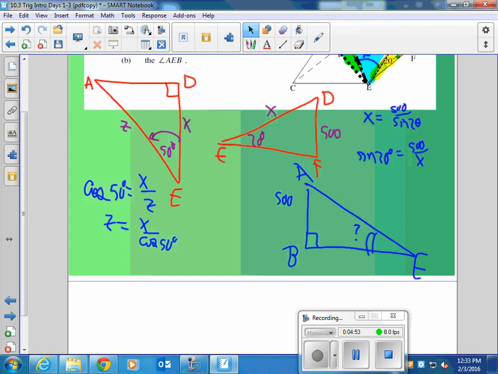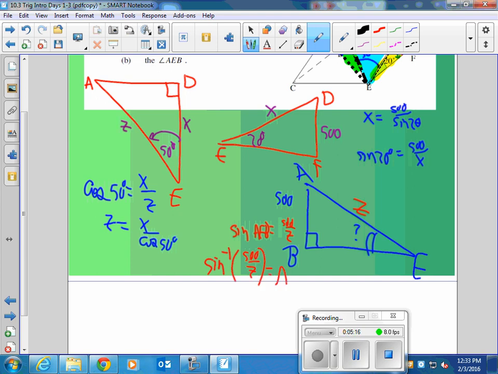AE is my answer from the first part, Z. So if you took the sine of angle AEB, I'm going to get 500 over whatever I get for Z. So the inverse sine of 500 over whatever Z turns out to be is going to be the angle.